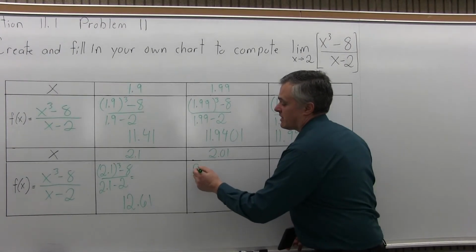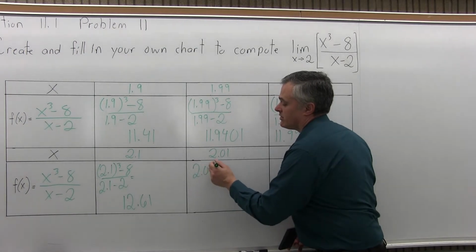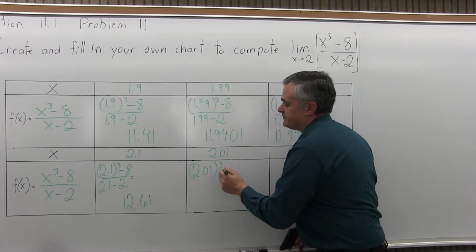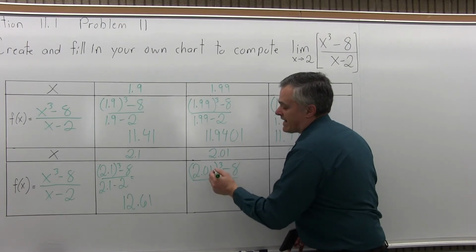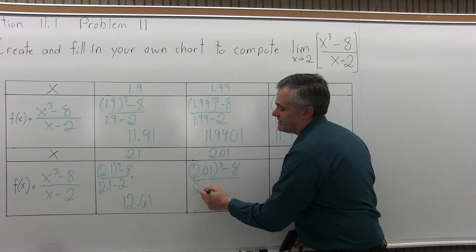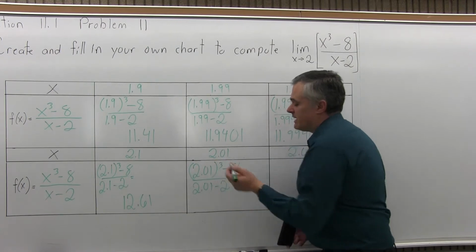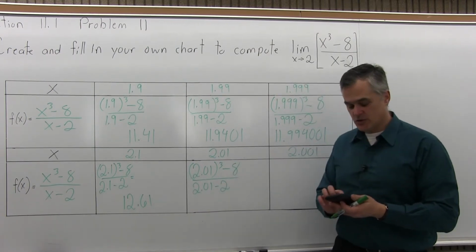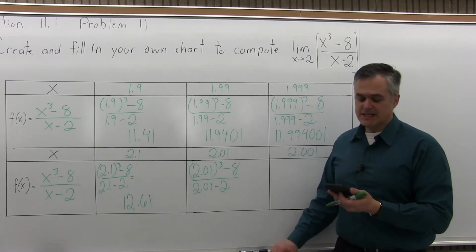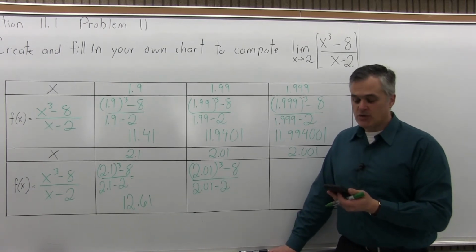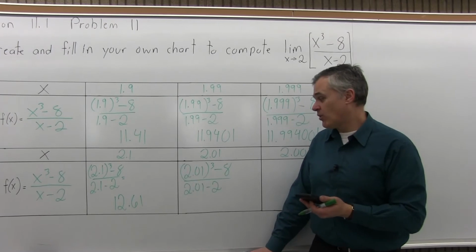So now let's try an input that's even a little closer to 2, 2.01. So the x third power will become 2.01 to the third power minus 8 over x minus 2, so 2.01 minus 2. And do the math and see what you get. So 2.01 to the third power, calculator tells me that's 8.120601.